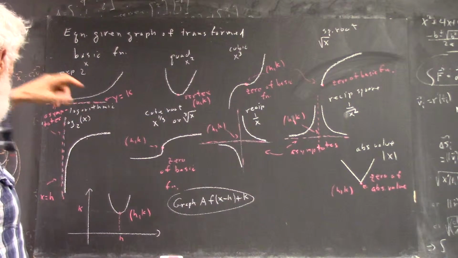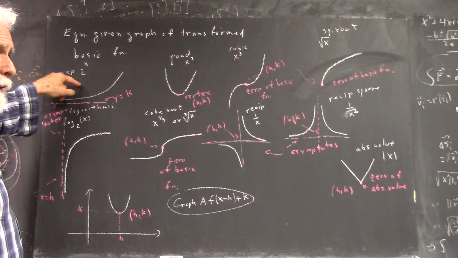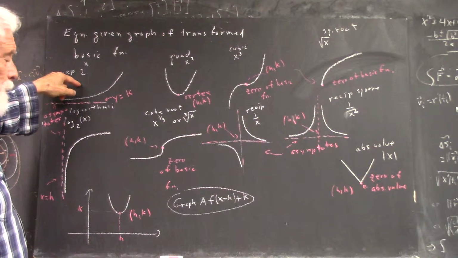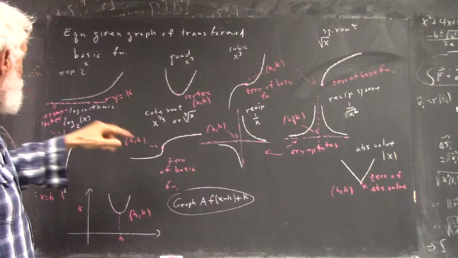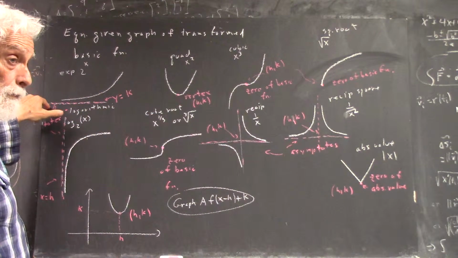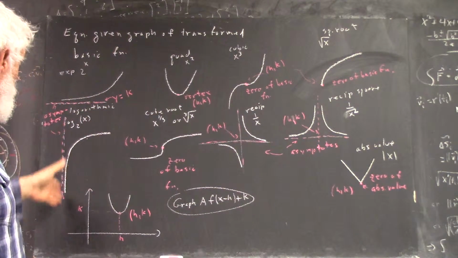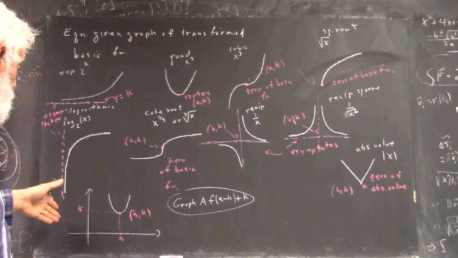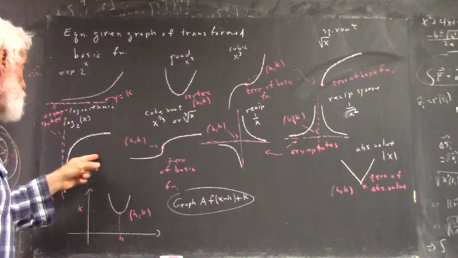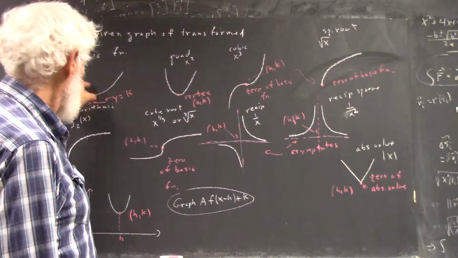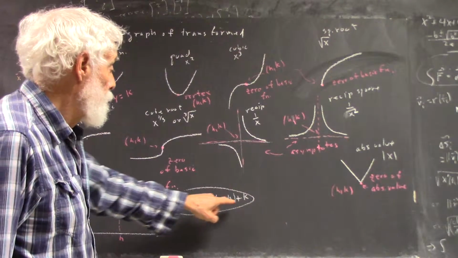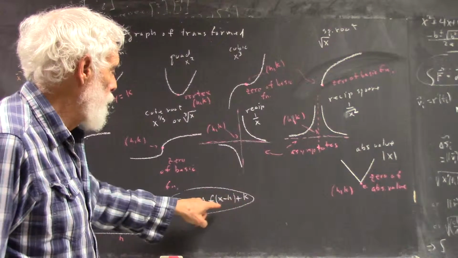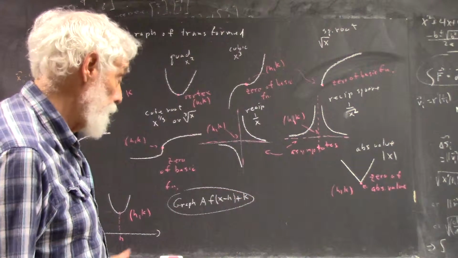So, for an exponential graph, the one thing you can always at least estimate is the position of the horizontal asymptote. And for a logarithmic function, the position of the vertical asymptote. If the function is the exponential, then f of x would be exponential, and your general graph would be a f of x minus h plus k.